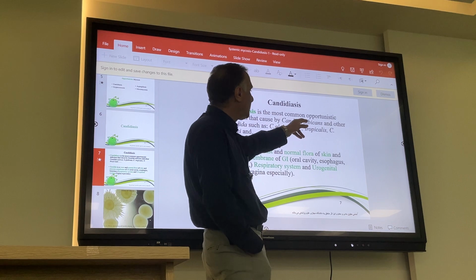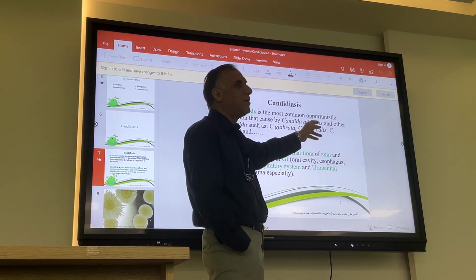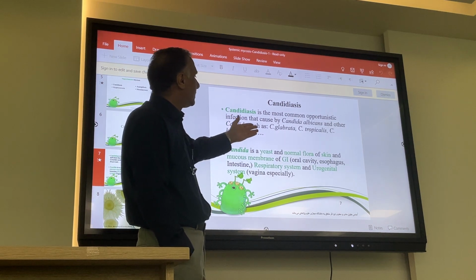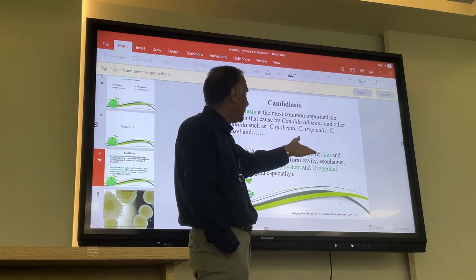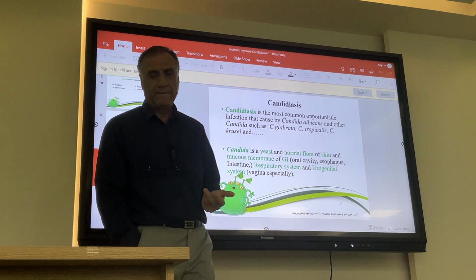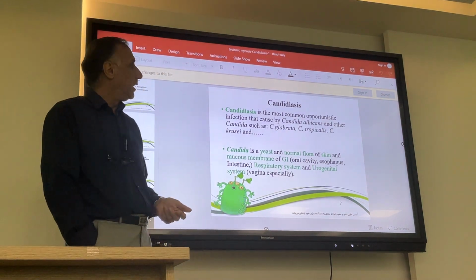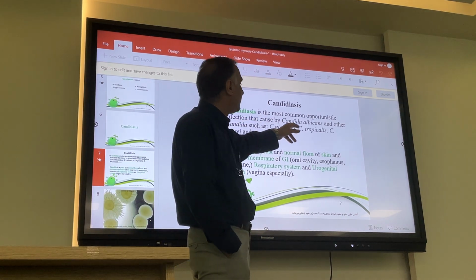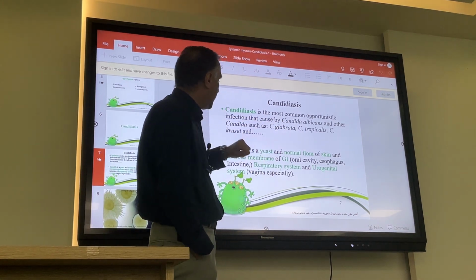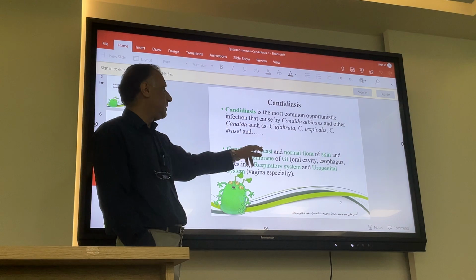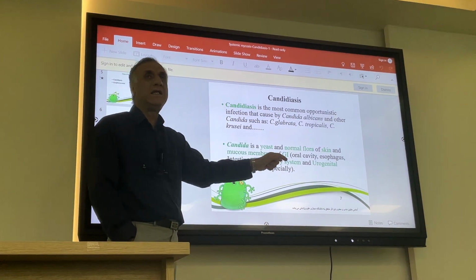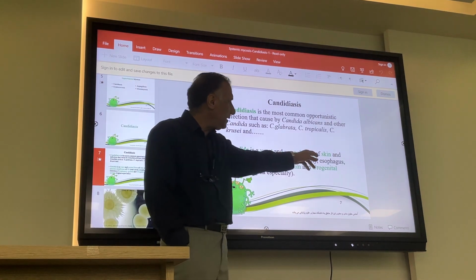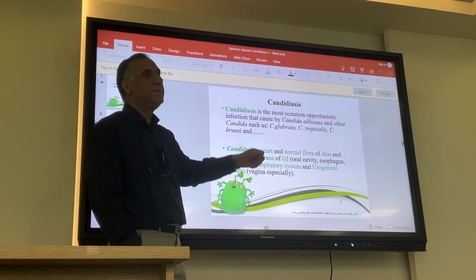The main species is Candida albicans, and the others are Candida glabrata, tropicalis, and cruzi. It is an opportunistic mycosis. Candida is a yeast and it is normal flora on skin and mucous membrane.